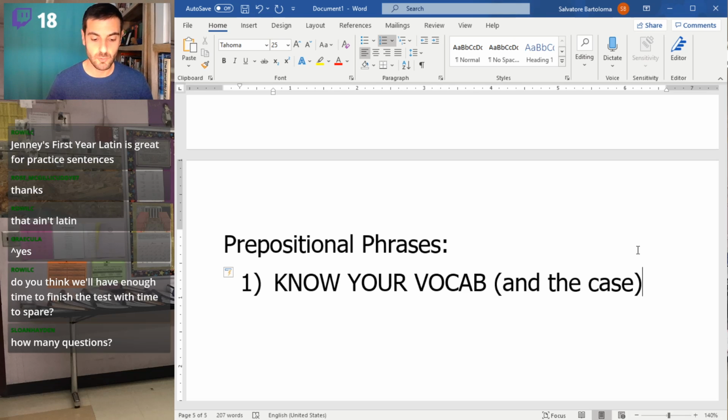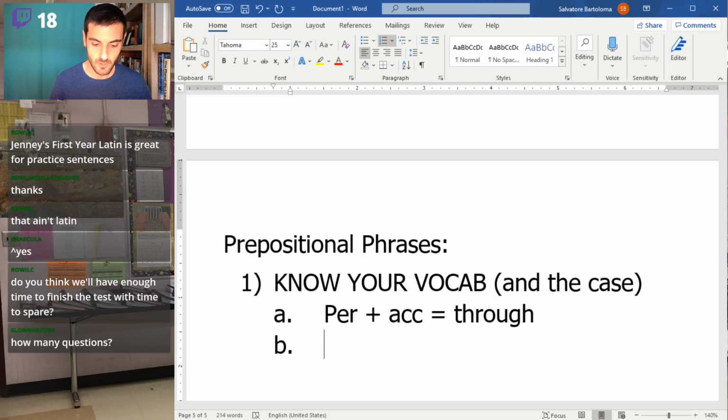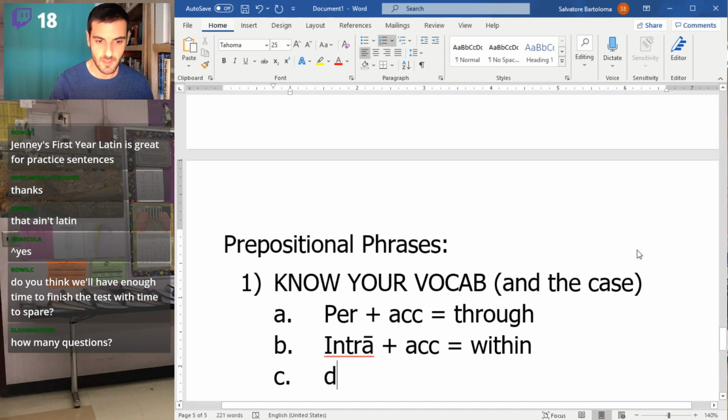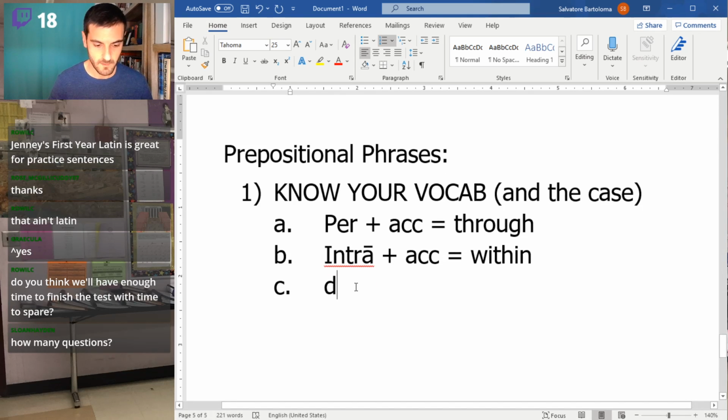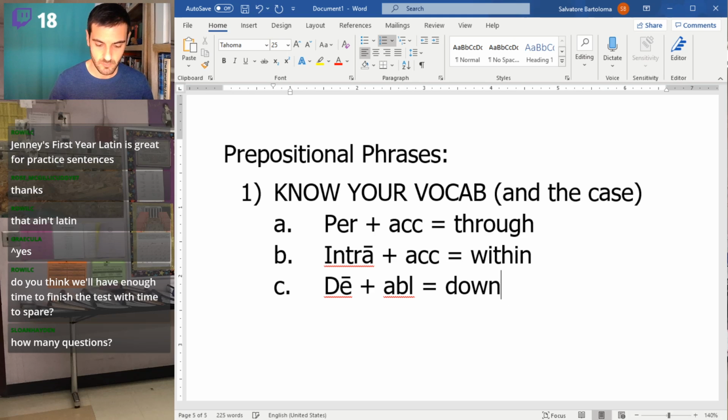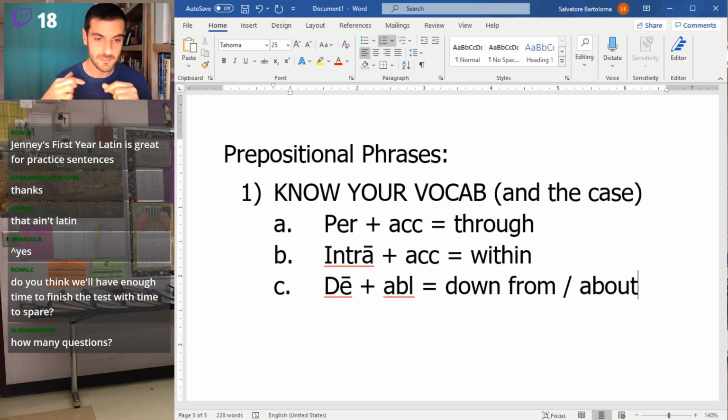So you need to know per plus accusative equals through, or intra plus accusative means within, or de plus the ablative means down from or about, depending on the situation. That's what you need to bring to the table.